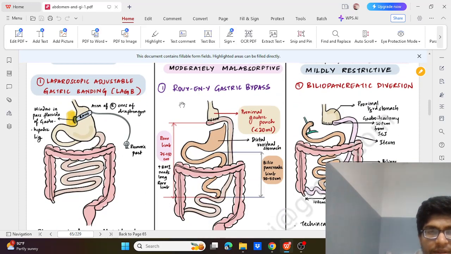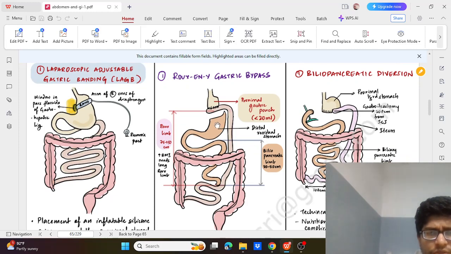So these are Roux-en-Y gastric bypass. The proximal stomach is connected to the Y limb, and separately a Roux limb is made which is connected to the ileum.